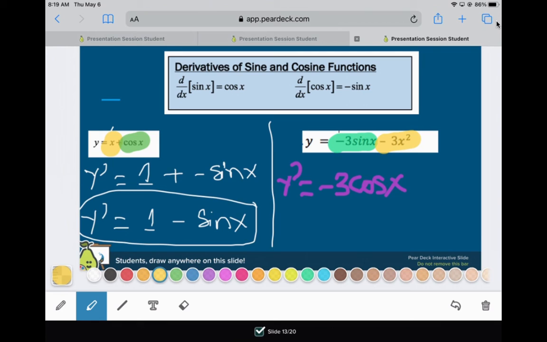The derivative of this one, we know that we take the power and multiply with the coefficient, so that's going to turn into negative 6x. If you're not sure, please ask questions.